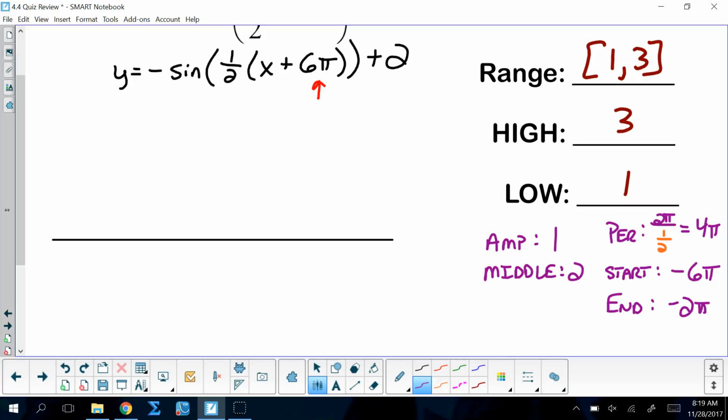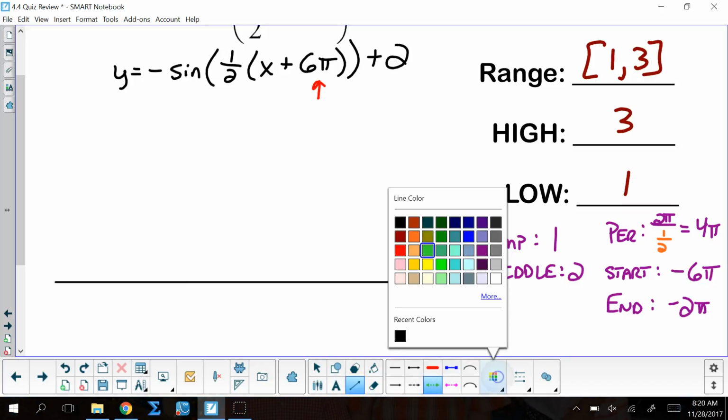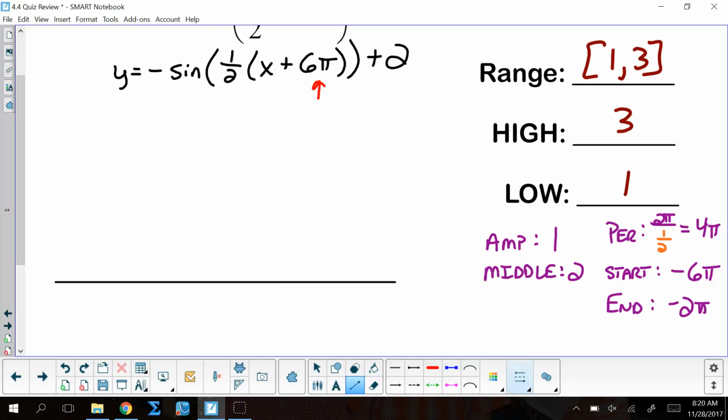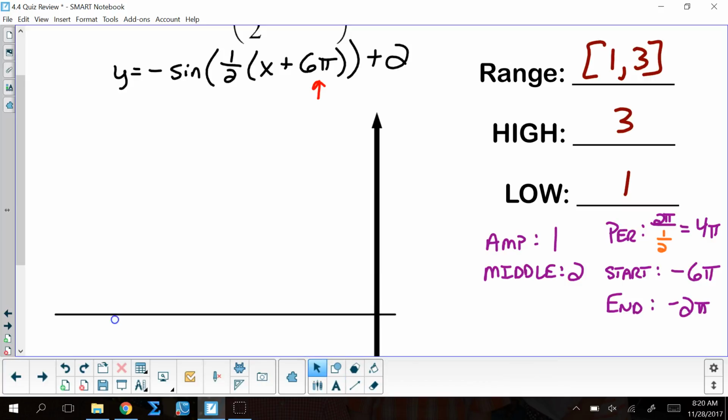Okay? Let's see, this one, that one, and that one. I can put my axes over there because everything that we have is negative in terms of x's, and everything that we have is positive in terms of y's.